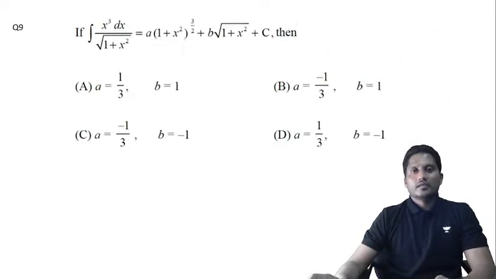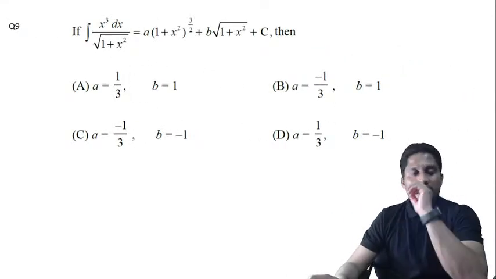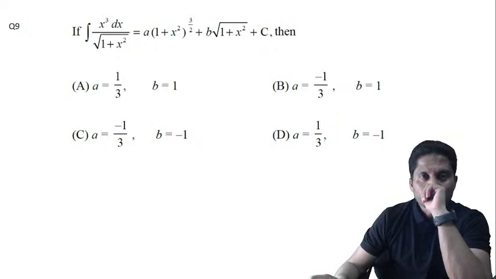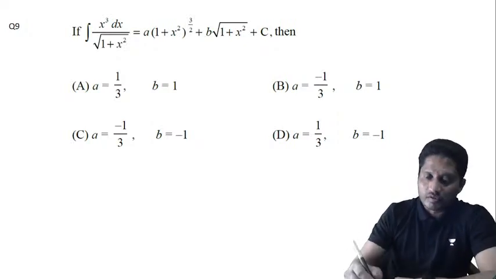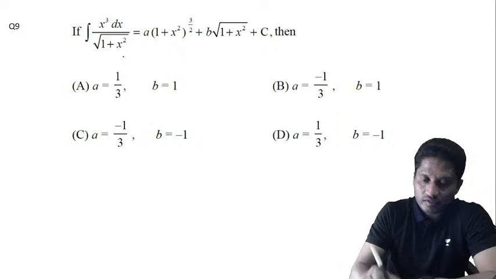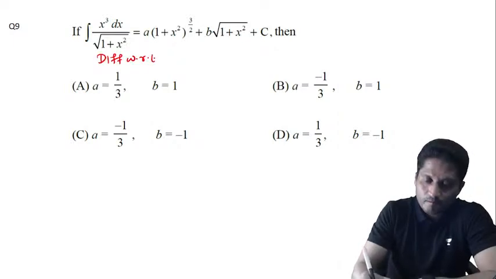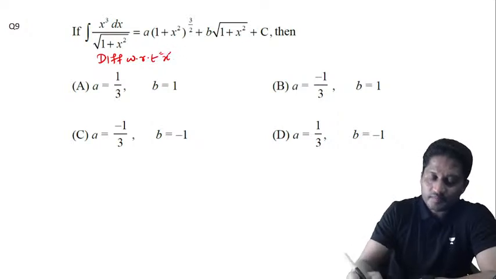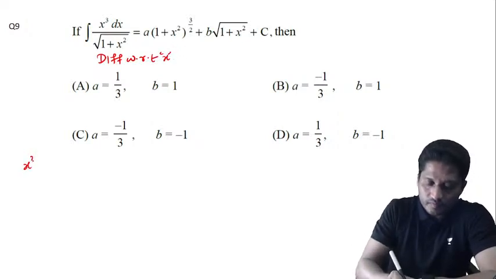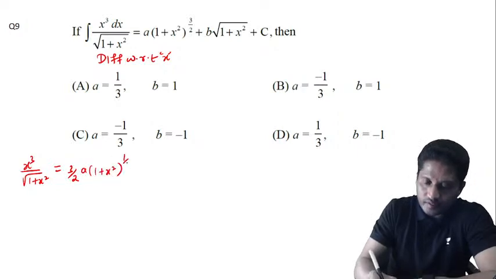Okay. See, even this question, rather than you do that, integrate this and then you find out if I differentiate with respect to x. If you differentiate with respect to x, you get x cube by root of 1 plus x square is equal to 3 by 2a into 1 plus x square whole power 1 by 2.